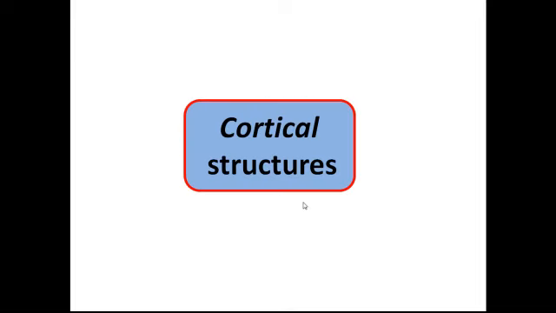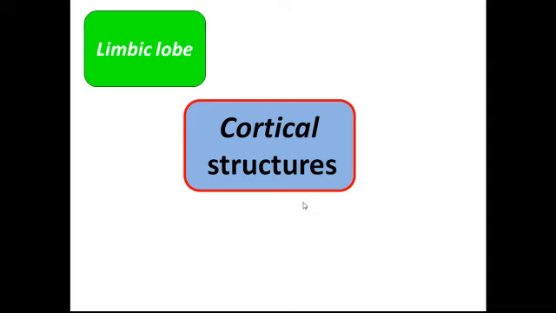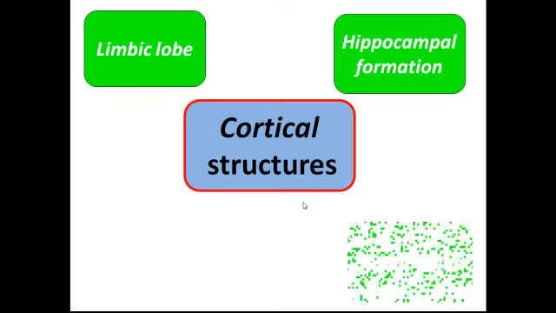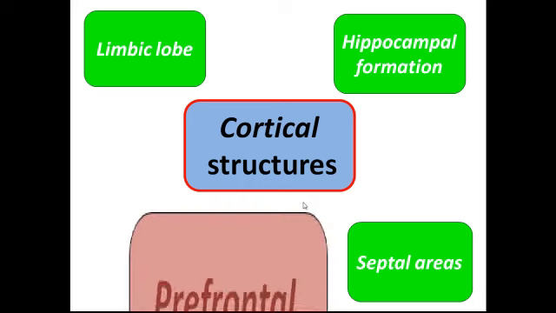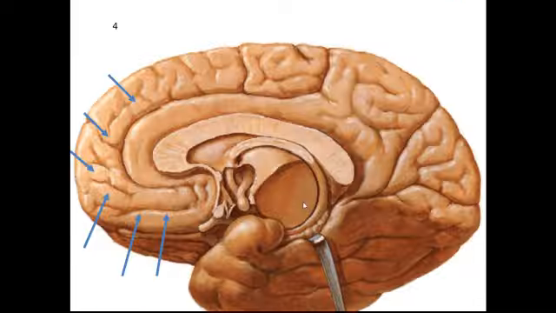Revising again the cortical structures forming the limbic system. We have the limbic lobe, hippocampal formation, septal areas, and the last part is the prefrontal area. The prefrontal area is a part of the frontal lobe that is concerned with our emotions and personality.